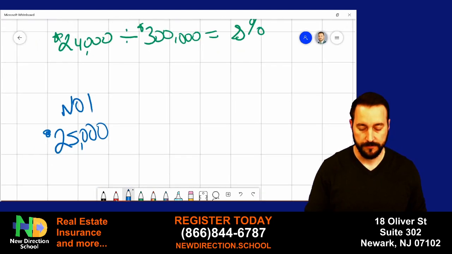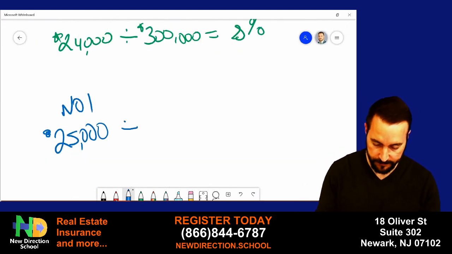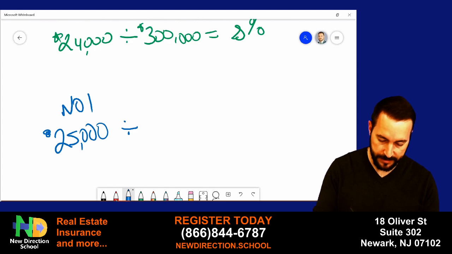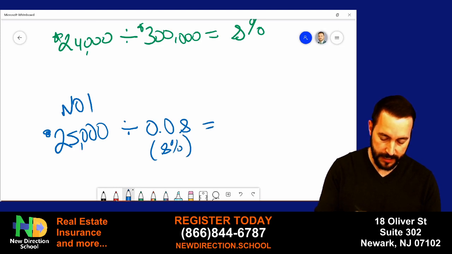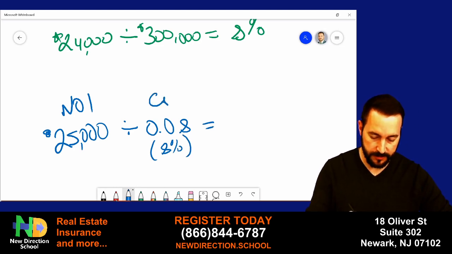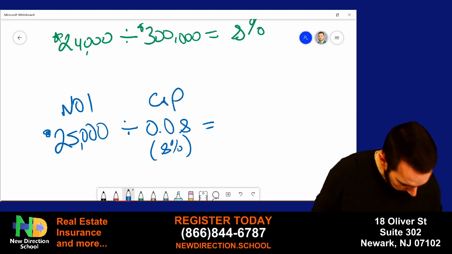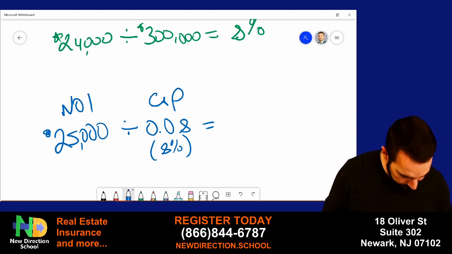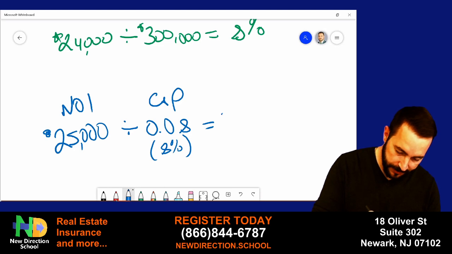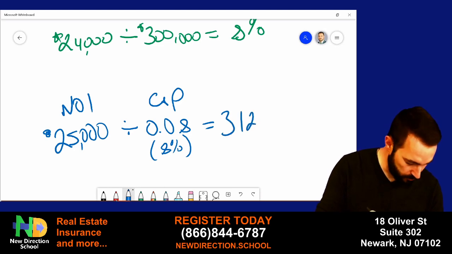So what do we do? We divide by the 0.08 or 8%, and it's going to give you a value. So this is cap. And what we have is 25,000 divided by 0.08. And my property obviously is worth more than the other.